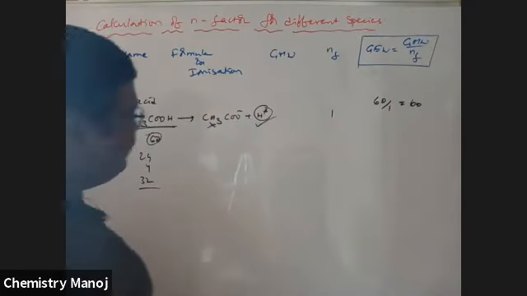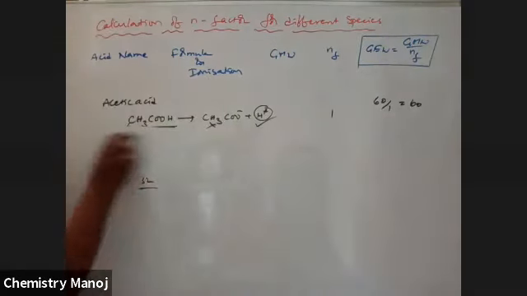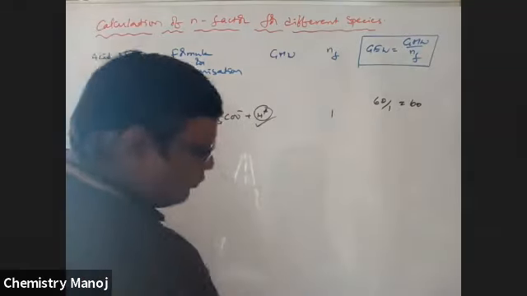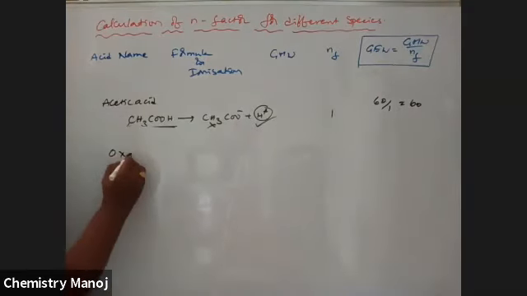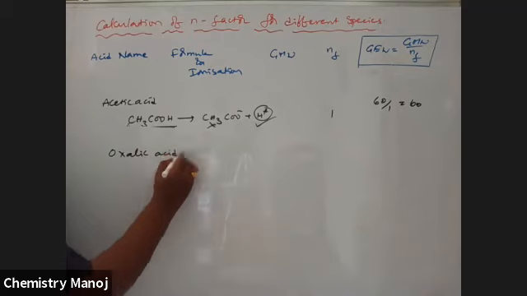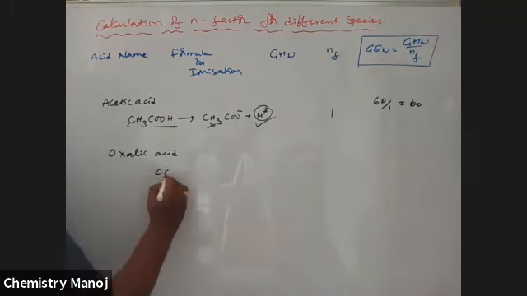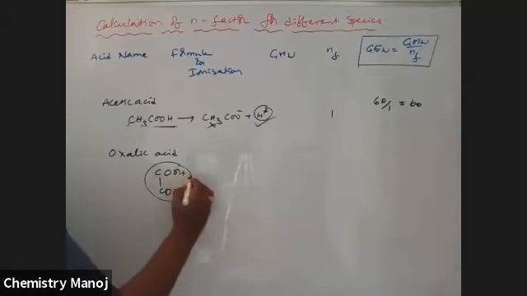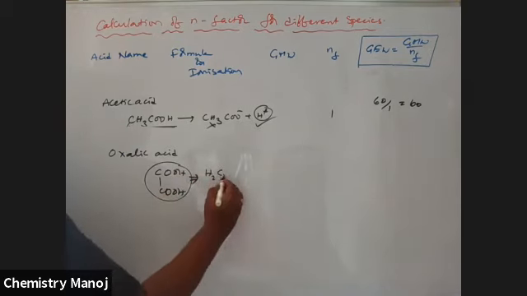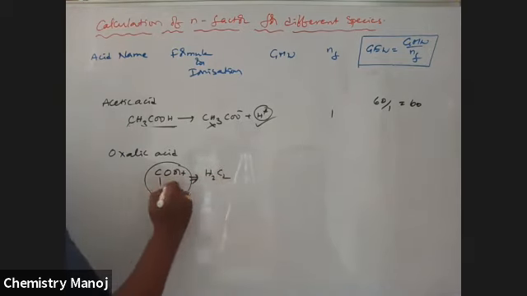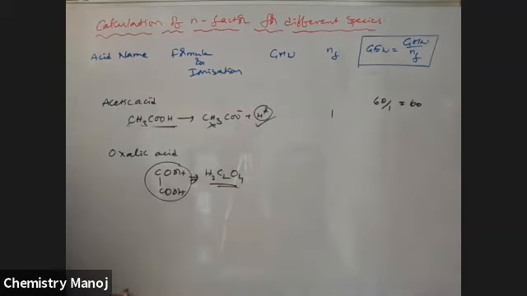Now, oxalic acid. Its formula is COOH connected with COOH. Simply it is taken as H2C2O4, 2 hydrogens, 2 carbons, 4 oxygens.